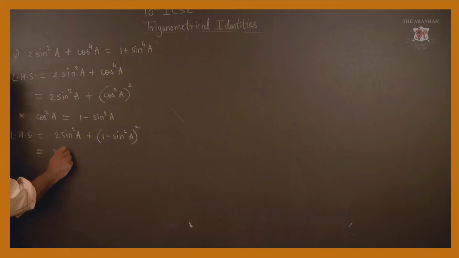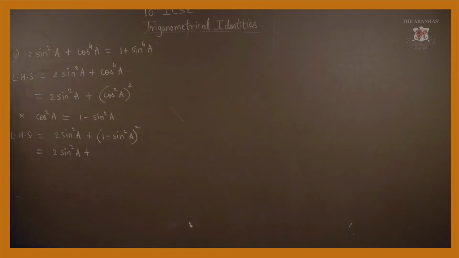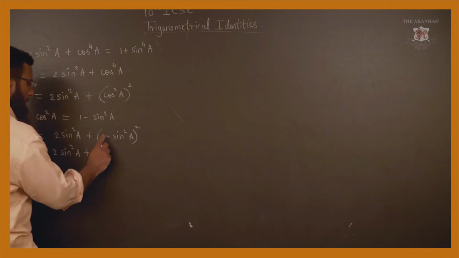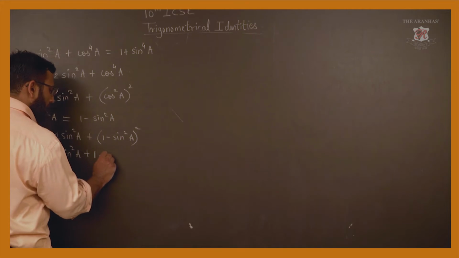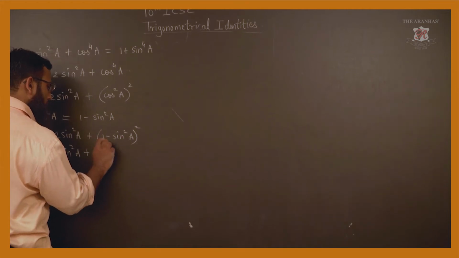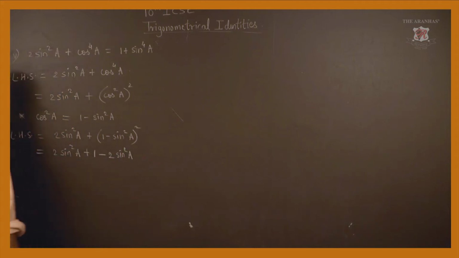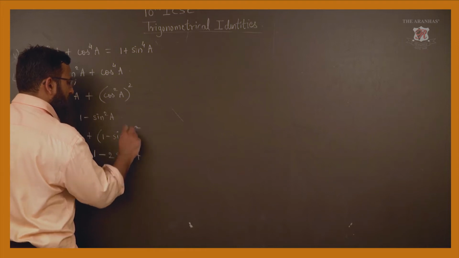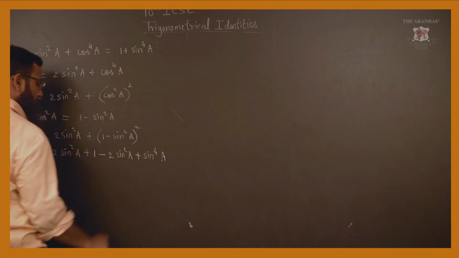Now, observe one more thing, it looks like a minus b the whole square. So, it will be a square, that is 1 square, minus 2ab, minus 2 times 1 into sin square a is 2 sin square a, plus b square, sin square a the whole square is sin raised to 4.